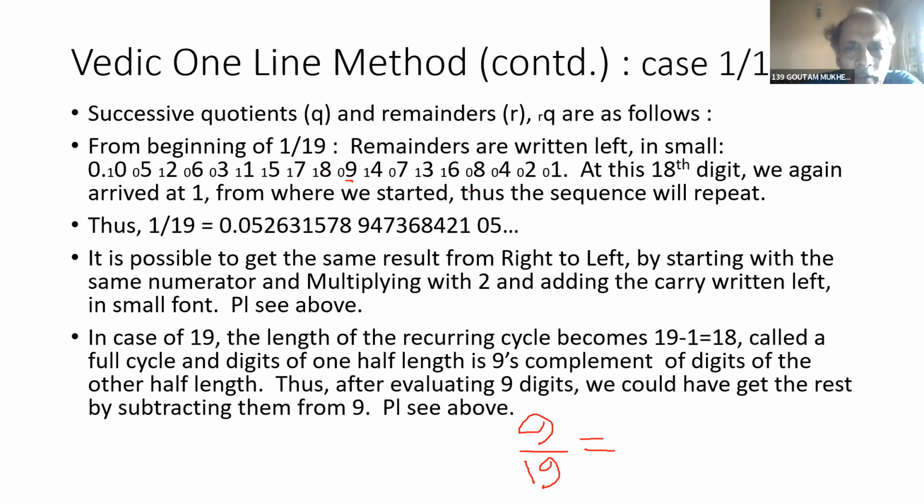This way it will go back and come back here, and finally it will end up here. Or otherwise I could have started with 9 and divided it by 2. Becomes 4 and remainder 1. Whatever is carry in the case of right to left becomes the remainder in the case of left to right. Isn't it? So anybody can start with the starting point of this one? 0 point how much?